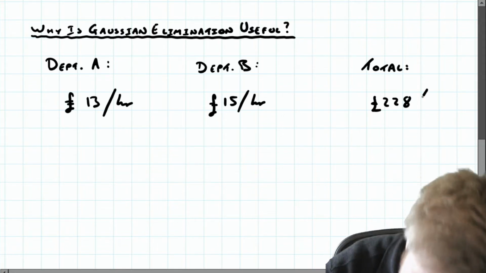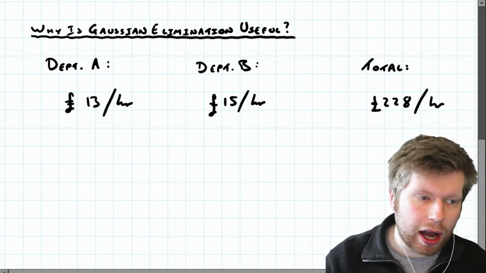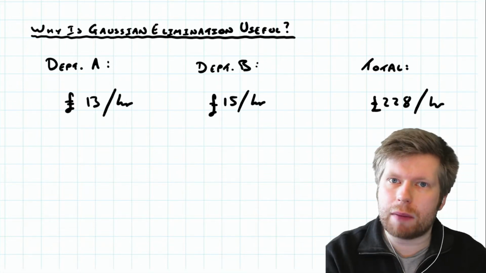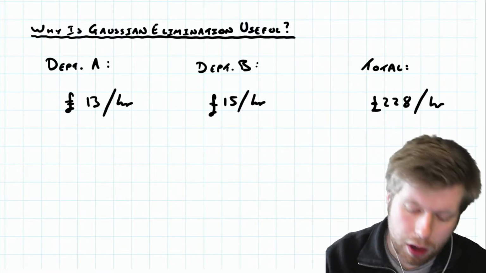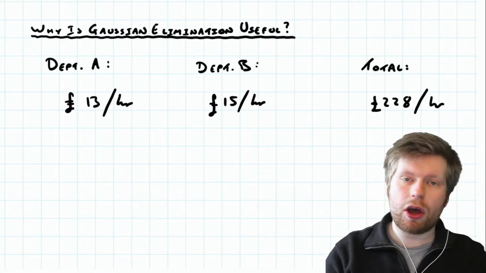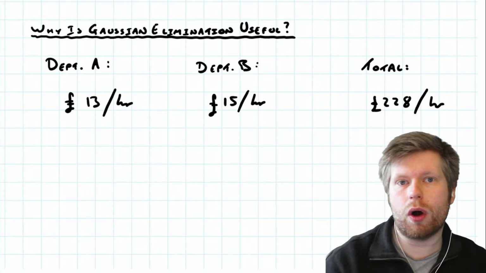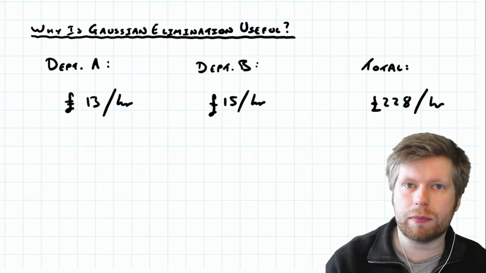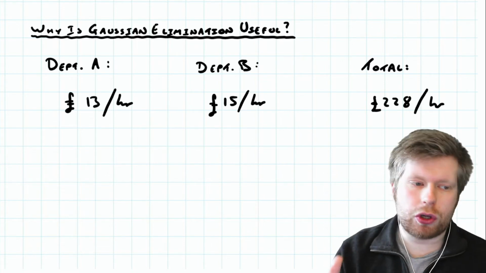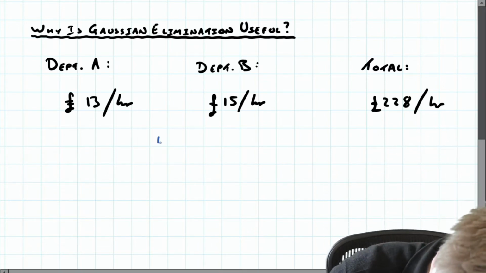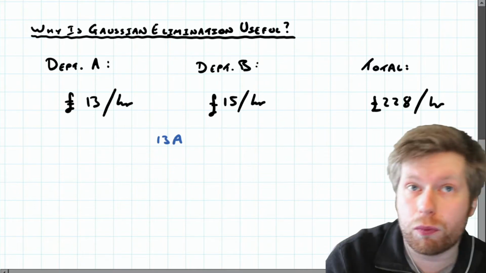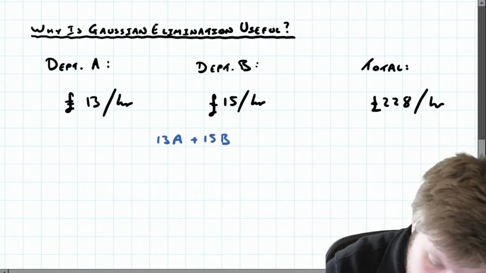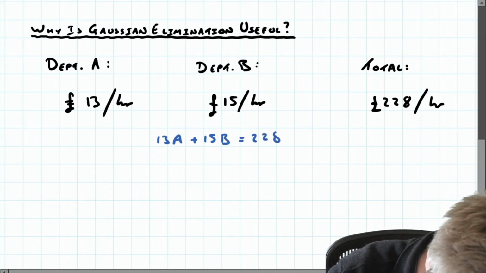Now, using this bit of information, so the hourly pay, I should be able to work out an equation which should get me closer to being able to solve how many people are working in each department. So namely, if there's £13 per hour being paid to every single worker in Department A and £15 per hour being paid to every single worker in Department B, and I know that should add up to 228, I can say that 13 times the number of workers in Department A plus 15 times the number of workers in Department B should add up to 228.